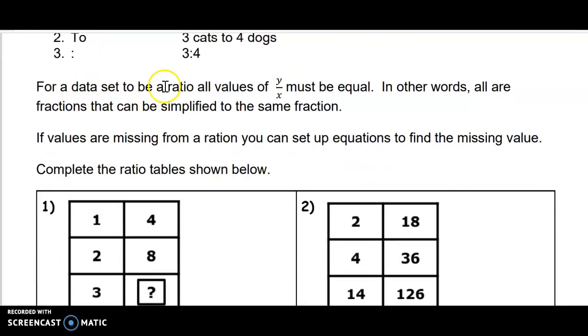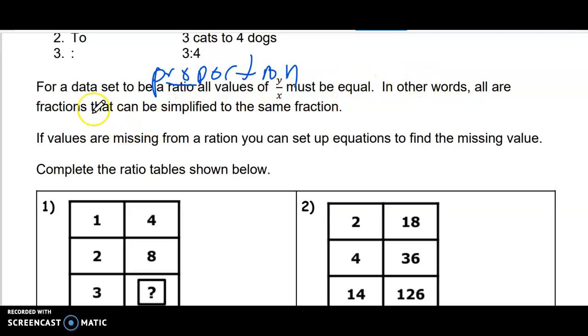For a data set to be a proportion, actually, that should be proportion. Let's scratch that out, and the word proportion should be there. All values of y over x must be equal.